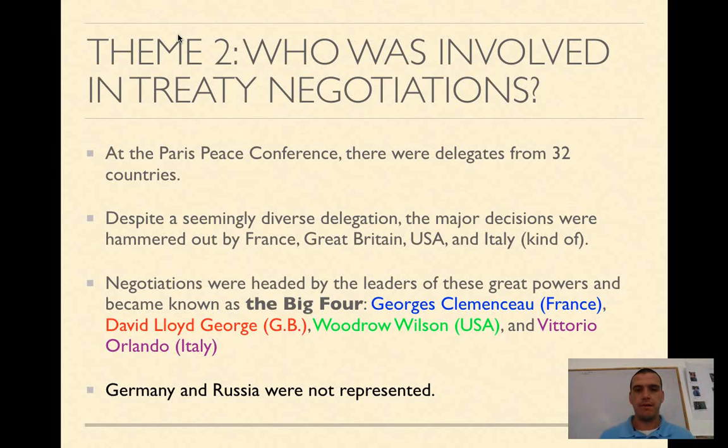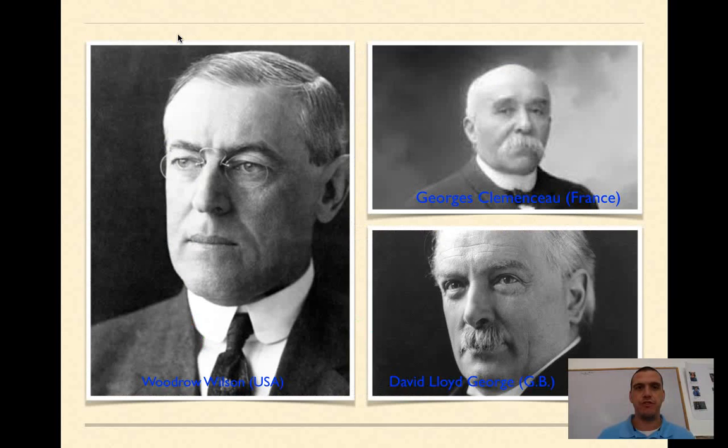So again, just to recap, France, Great Britain, USA, no Germany or Russia at the Treaty of Versailles. As you will see, this will have serious implications for what happened in the future.